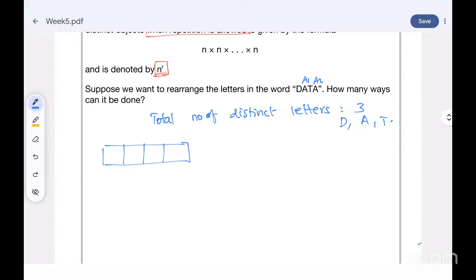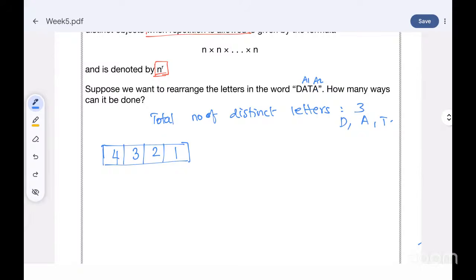Then the first position has 4 choices, the second 3, then 2, and then 1. But then remember, these 2 A's are the same. If these 2 A's are the same, then what does it mean?